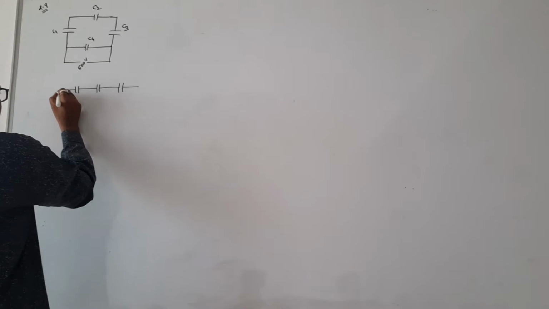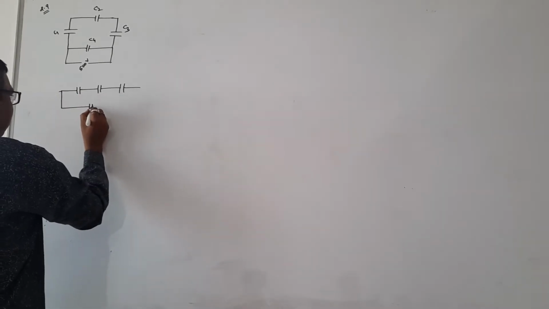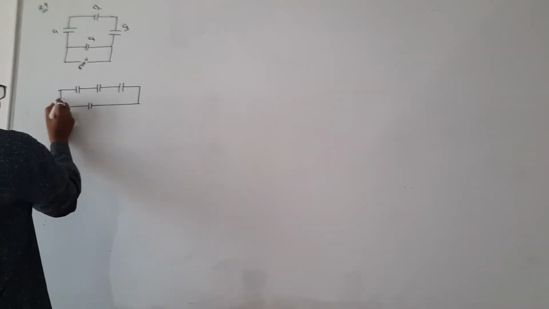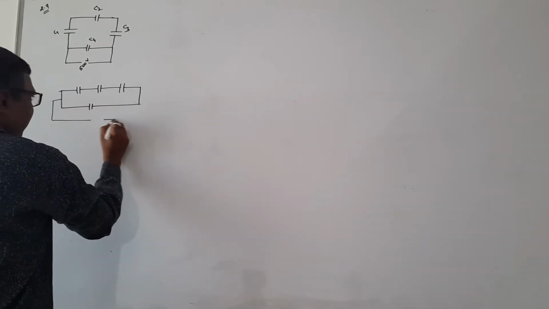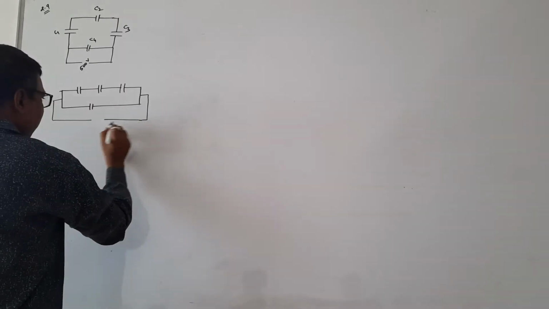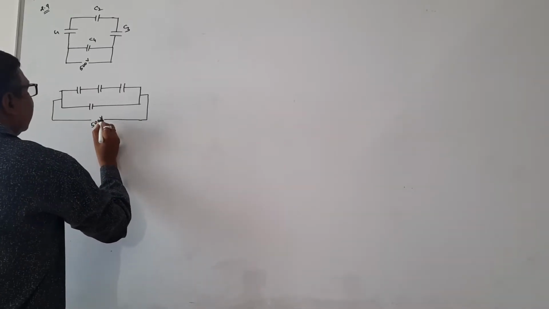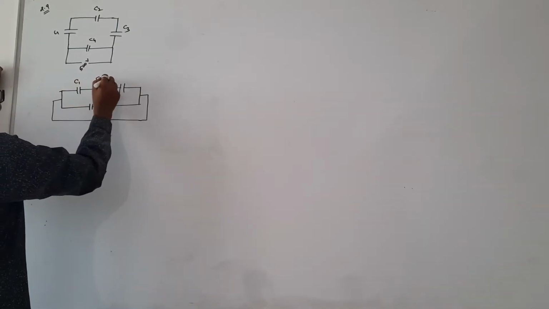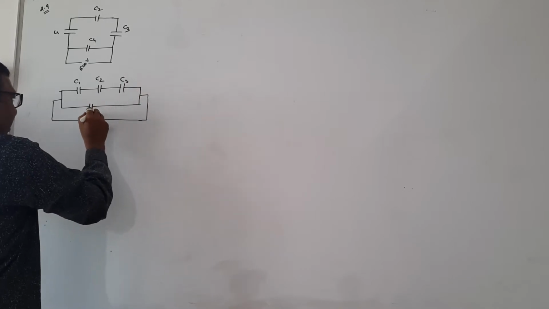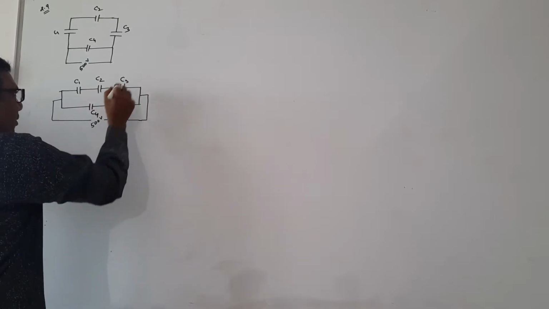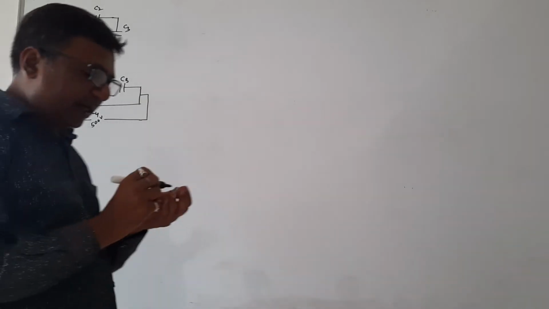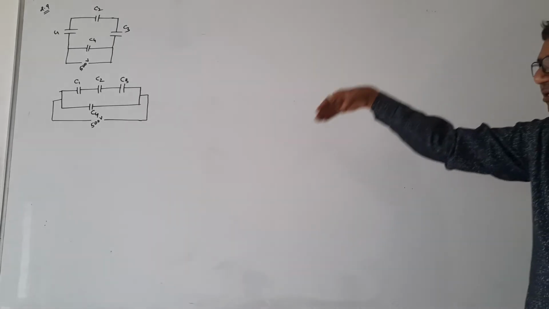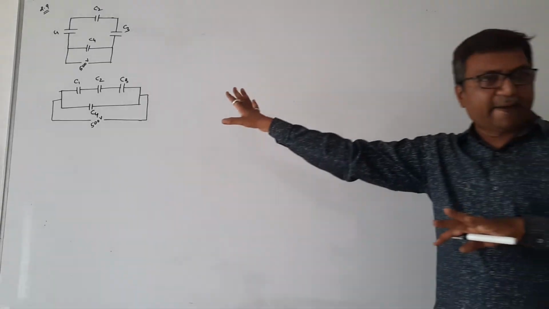So now C4 is in parallel connection with the series combination, and both are connected with a supply of 500 volt. So you have C1, C2, C3 and C4. So children, you can understand this. This figure is reconstructed in this way.